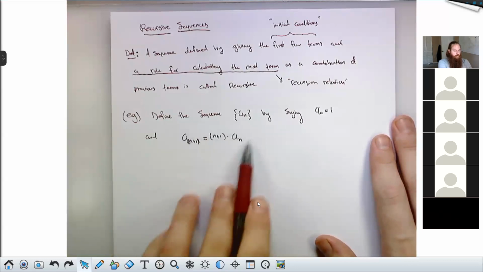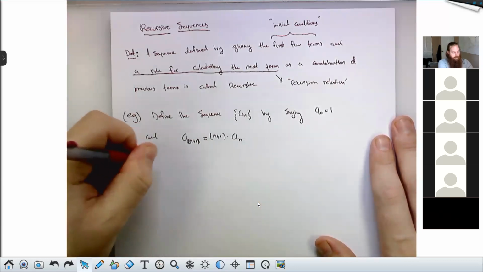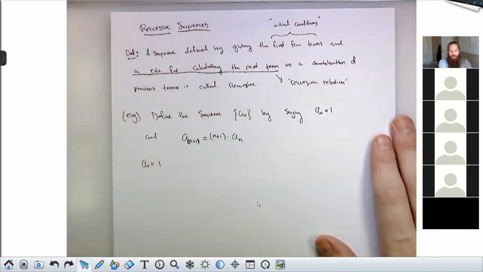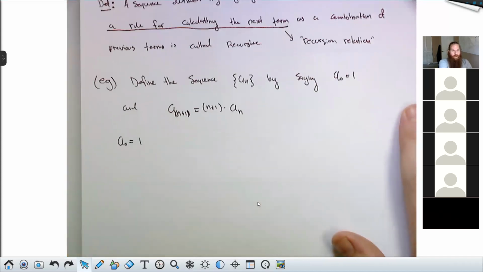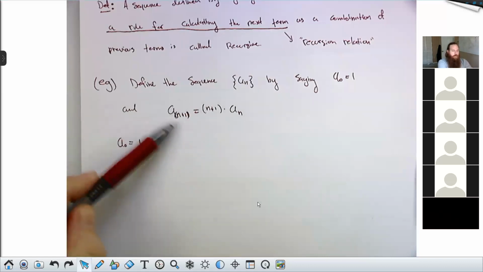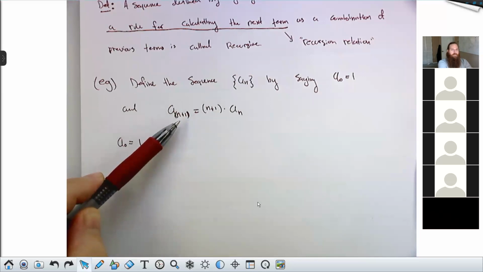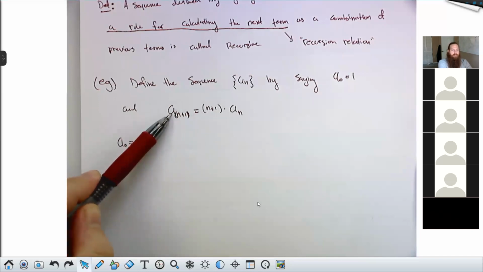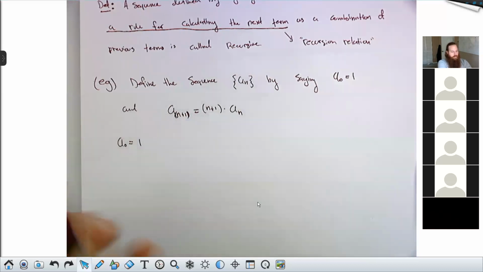If I take this recursion relation, I know that a0 is 1. This sequence starts at n equals 0. How would I figure out a1? Well, I want to get a1 over here, so I would plug in 0 for n, because then I would have a sub 0 plus 1, which is a1.